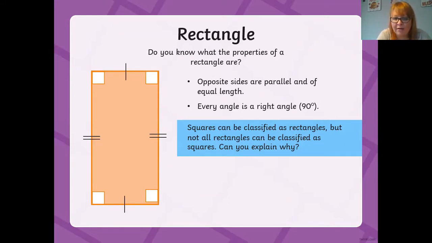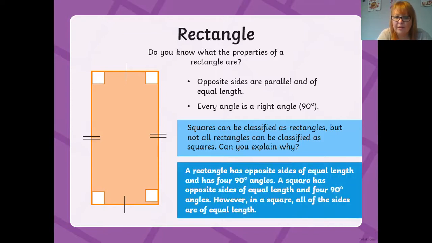Have a little think. A rectangle has opposite sides of equal length and 4 90-degree angles. A square also has opposite sides of equal length and 4 90-degree angles. However, a square also has 4 equal sides, whereas a rectangle doesn't.